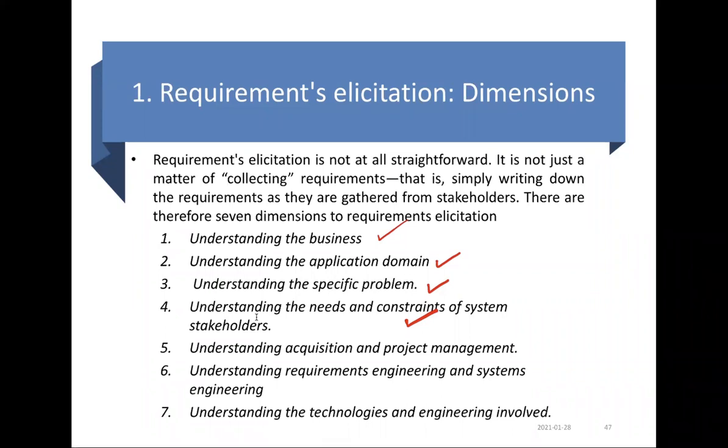Additionally, the specific context within which stakeholders describe their requirements must also be understood, as must the language they use and their biases. Also, the need to trade off various requirements relies on understanding the needs of the stakeholders. So this is a crucial step: to understand the needs and the constraints of the stakeholders.